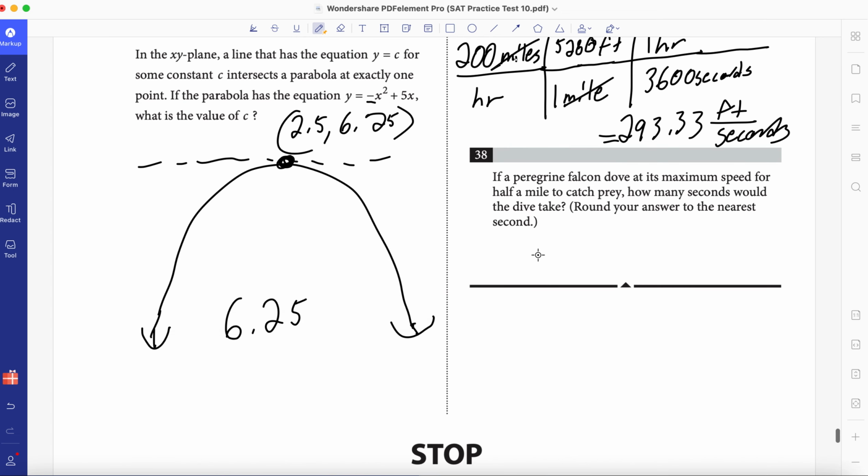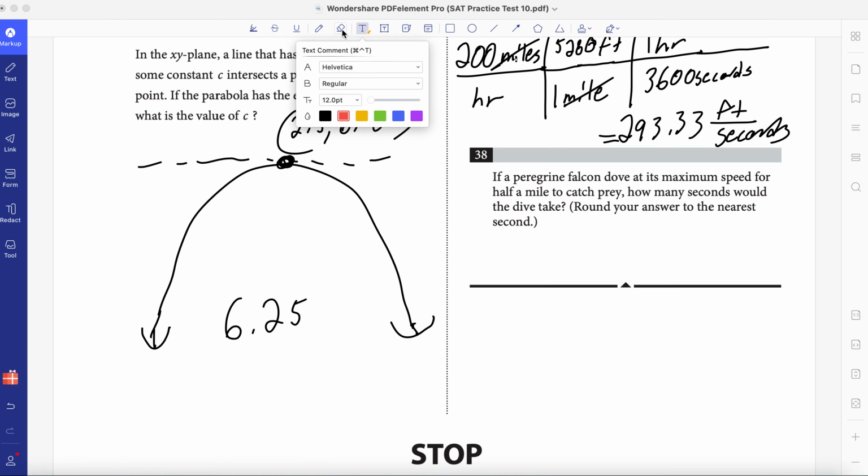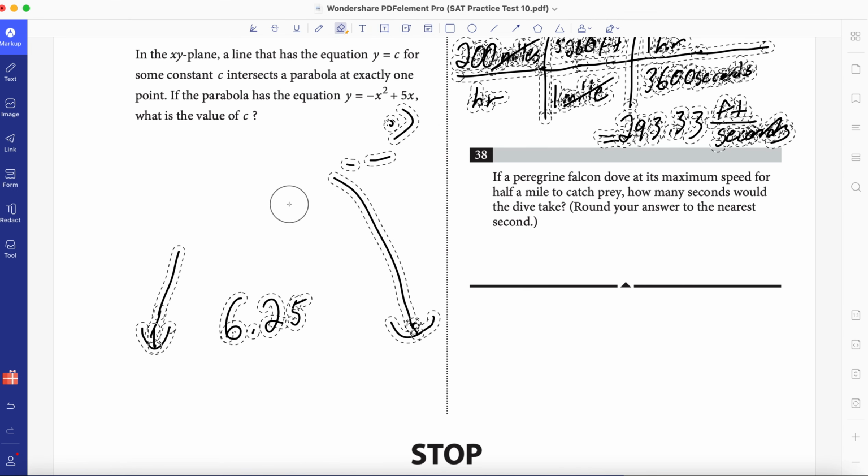And now, if the peregrine falcon dove at its maximum speed for half a mile to catch prey, how many seconds would that dive take? So let me pull up this answer really quick. The answer for this one would be 9, and let's walk through how to do this. So 200 miles per hour. This problem is just going to require some space.